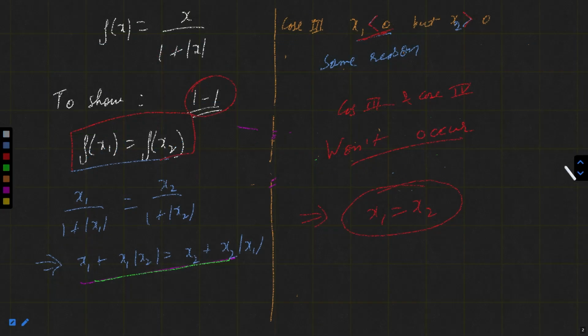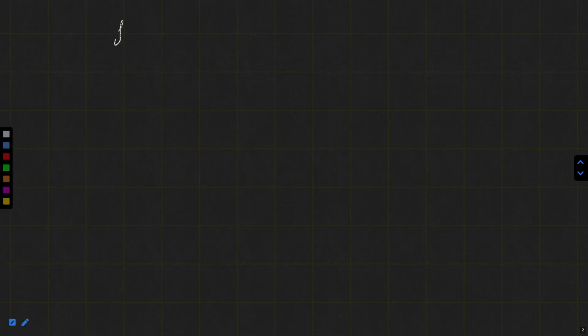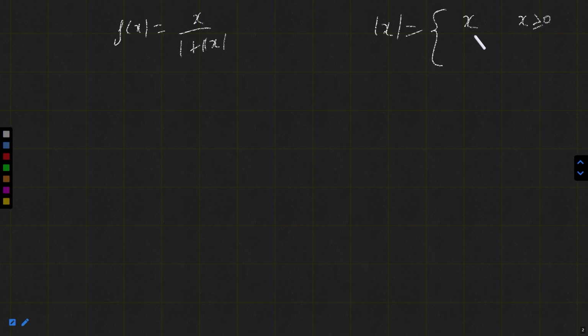To prove onto, what is given to us? f(x) is x by 1 plus mod x. We know the modulus function can be broken down into two parts: x when x is positive or 0, and minus x when x is negative.